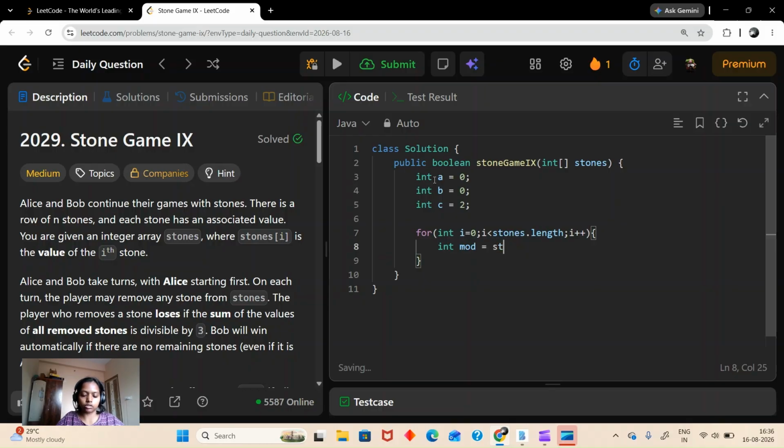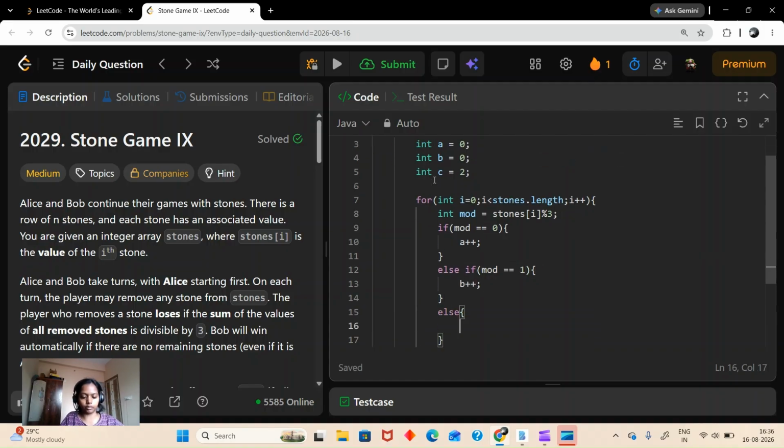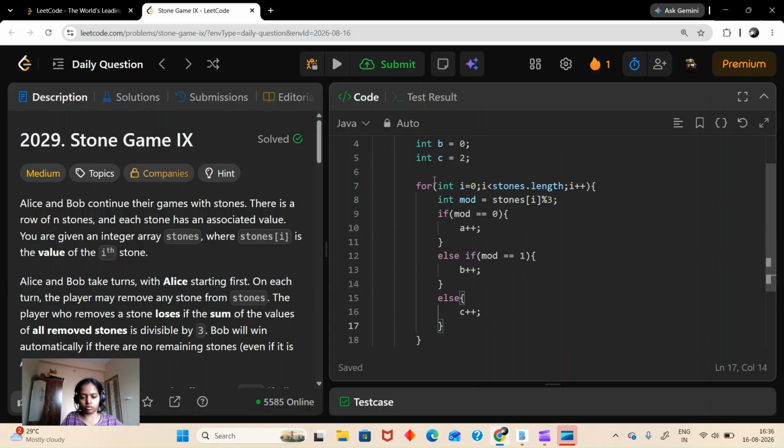Mod will be stones of i percent 3. If mod is equal to 0, then we will increment a. Else if mod is equal to 1, we will increment b, and else we will increment c. Anyway, it will be just mod equal to 2.